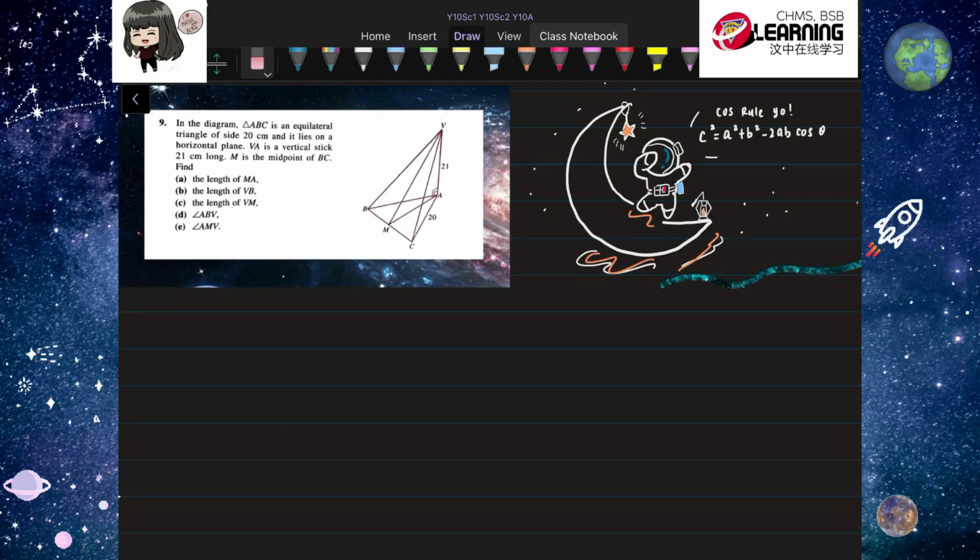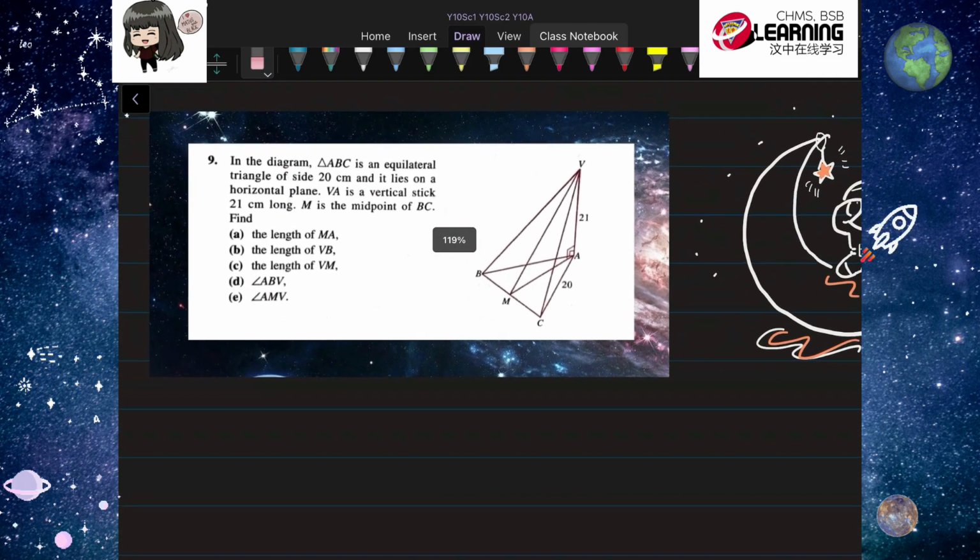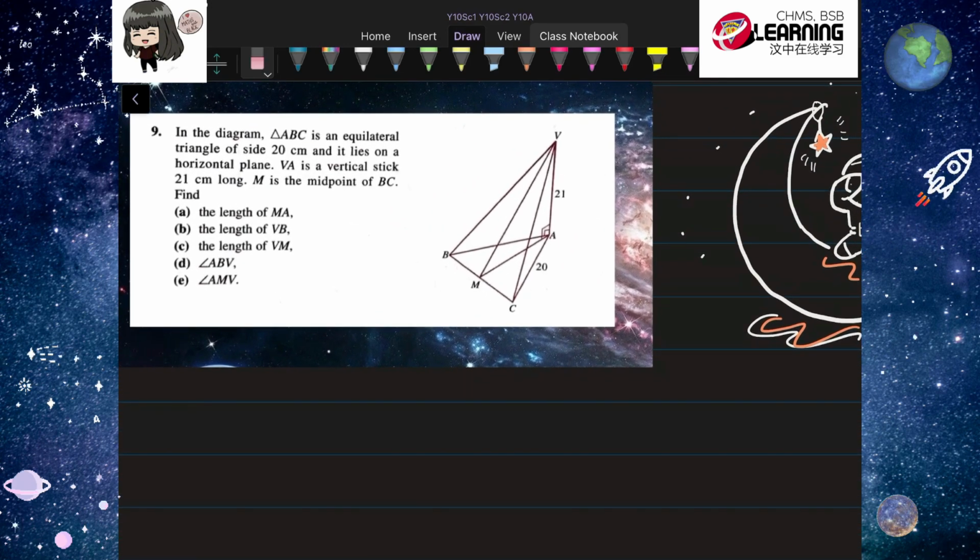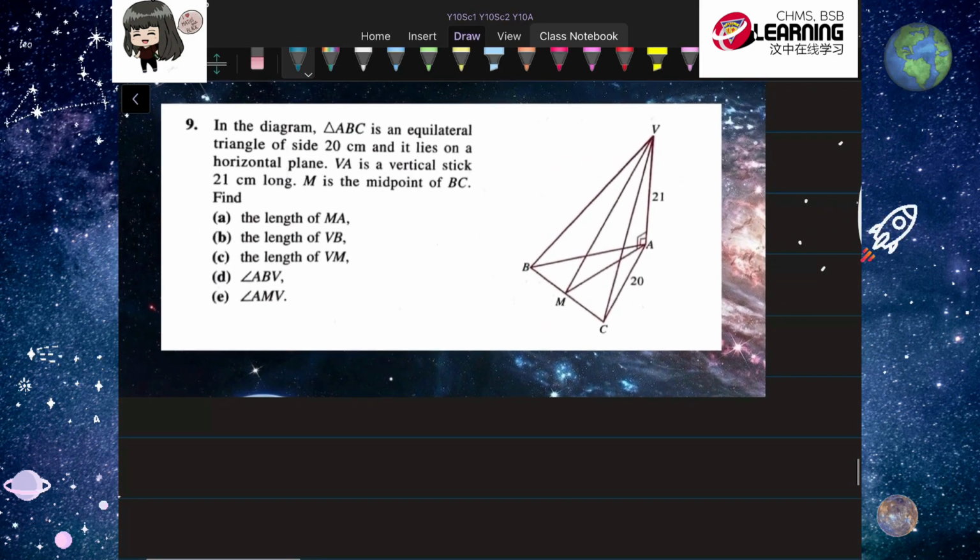So A, B, C, this is a different shape of 3D. ABC is an equilateral triangle. This is a type of pyramid also, a triangular pyramid. ABC is equilateral, meaning this is 20. Since this is 20, this is also 20.